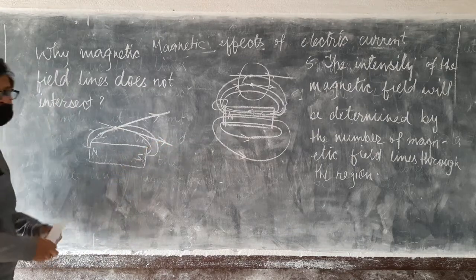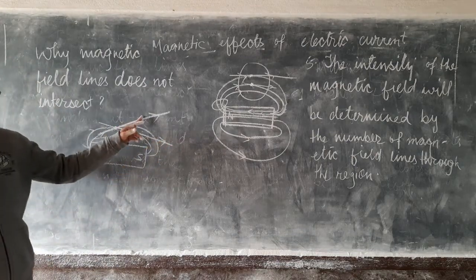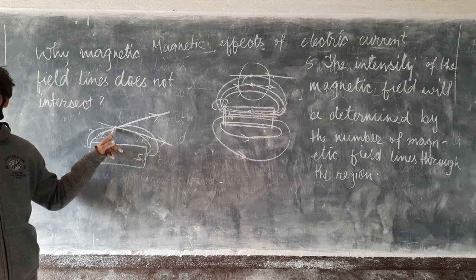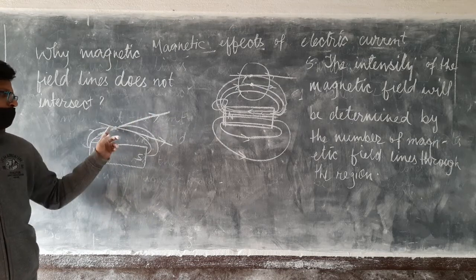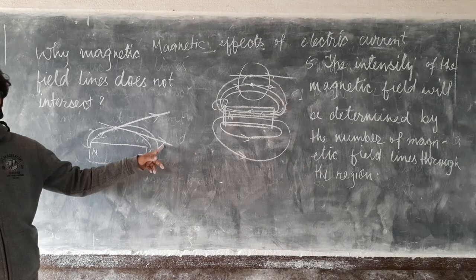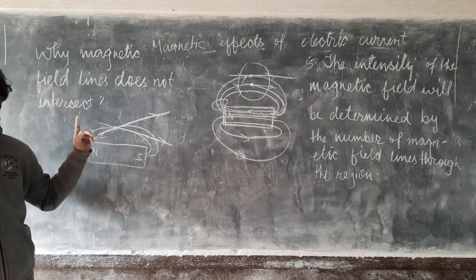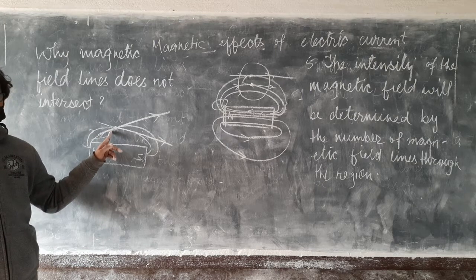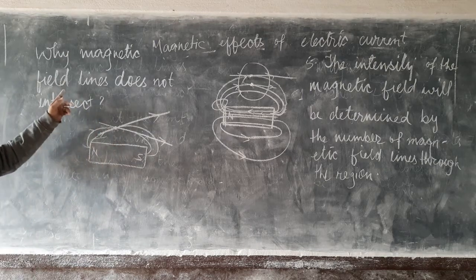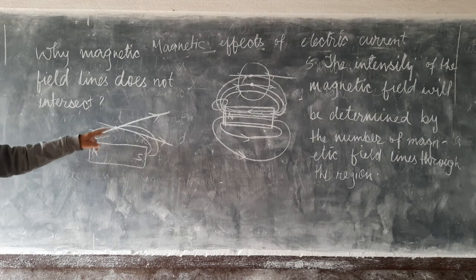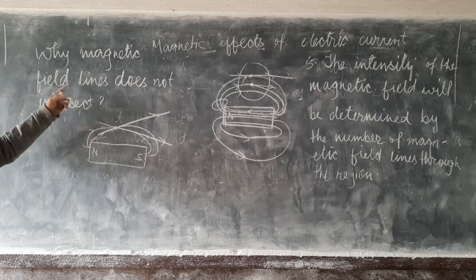So you will get two directions of tangent. That means here magnetic field direction is two directions, one in this direction and one in this direction, which is not possible. At a single point, there will be only one direction of magnetic field. That is the reason magnetic field lines do not intersect. If they intersect, you would get two directions of magnetic field, which is not possible.